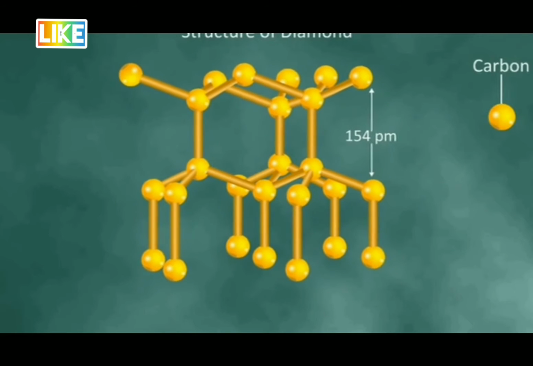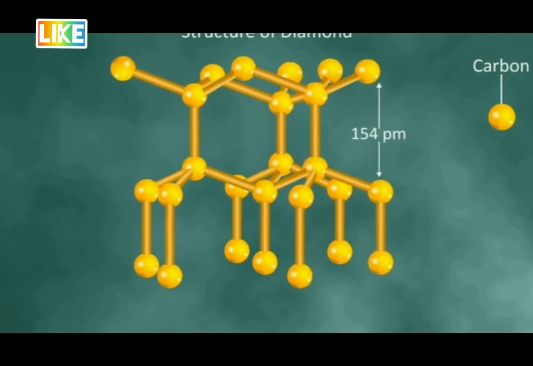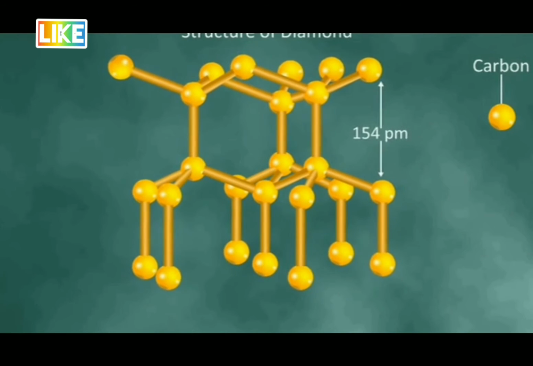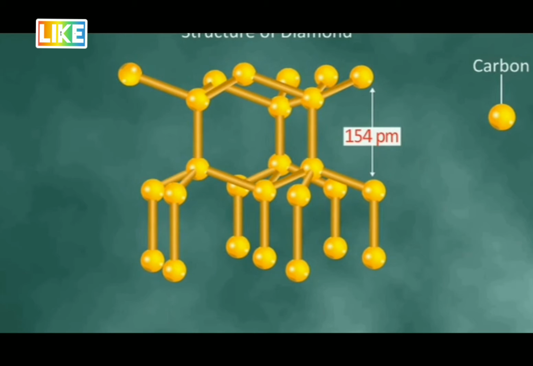Each carbon atom lies at the center of a tetrahedron, and 4 other carbon atoms are present at the corners of the tetrahedron. The distance between 2 carbon atoms is 154 picometers.